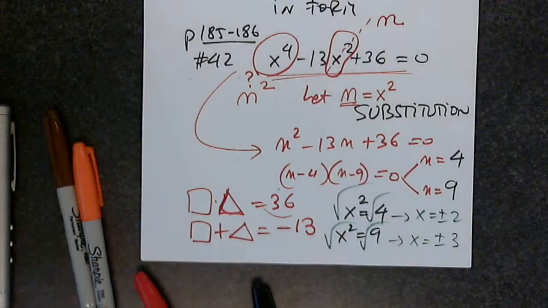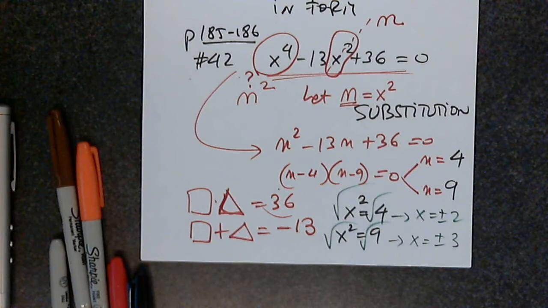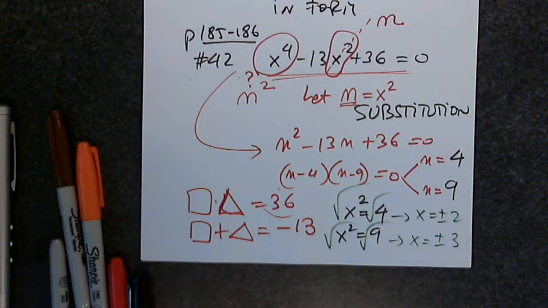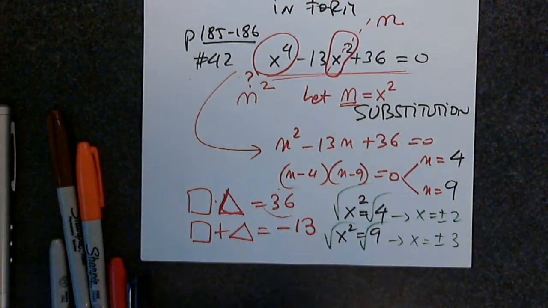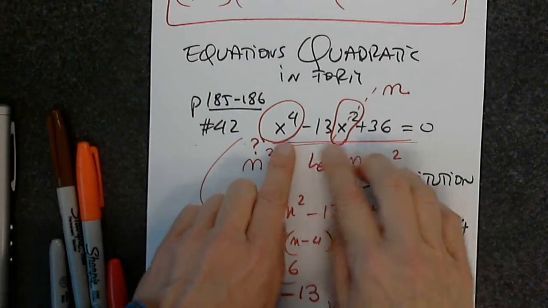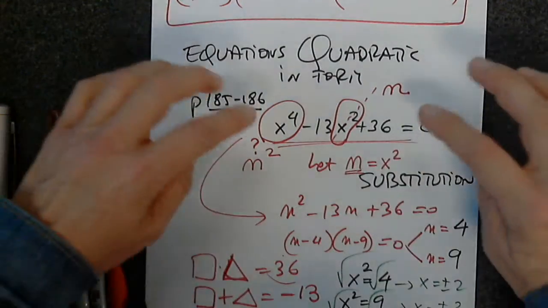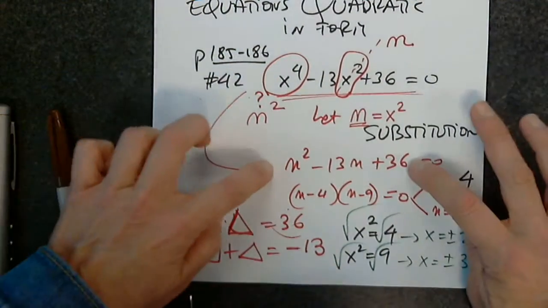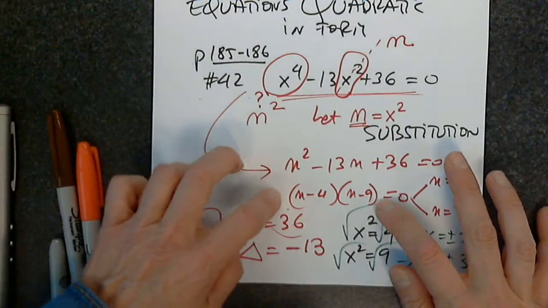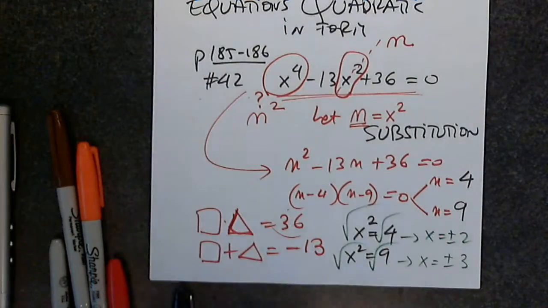Exactly, indeed. And voila, these are the 4 solutions. So this is the method of substitution, but only for specific types of equations, because the polynomial was quadratic in form. If it's not quadratic in form, you cannot come up with this. Therefore, you will not be able to factor like this.